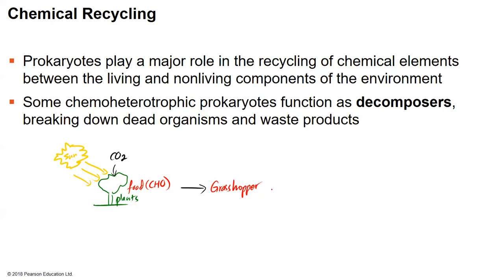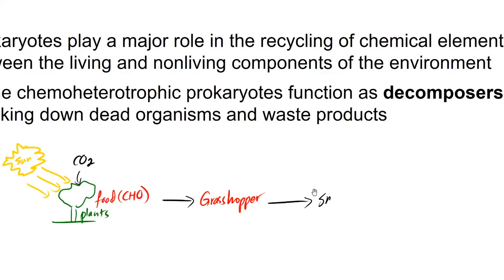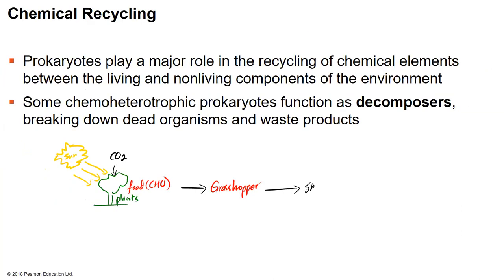And then maybe another animal can feed on grasshoppers, like snakes. Snakes, for example, can then eat the grasshopper. So the nutrients or the atoms that were once produced by plants are now being transferred into snakes, because the snake eats the grasshopper.